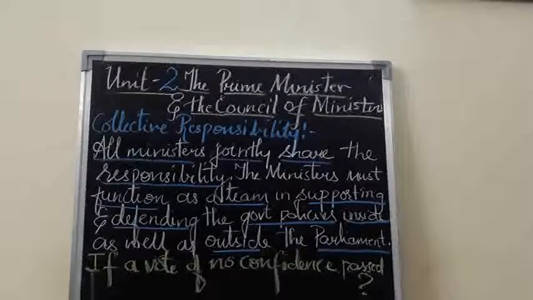But here it says that they have to support the government policy inside as well as outside the Parliament. So when they have a support, what happens? They remain in power. Now, supposing a vote of no confidence is passed against a ministry, what happens to the ministry? The entire ministry resigns, as you studied in Unit 1.